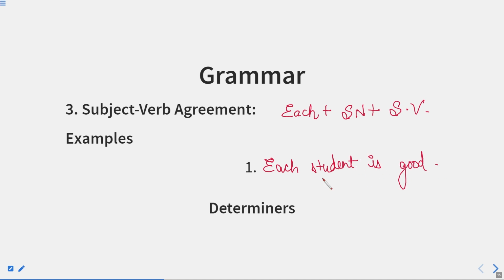Here I'm talking about each and every student. So each student is a singular noun and is is a singular verb. So the rules of subject verb agreement are applicable with the word each. Now let us move to the next one.